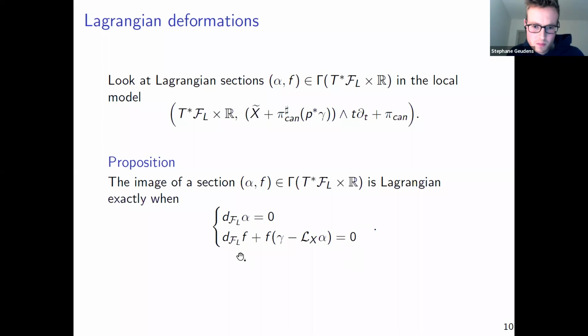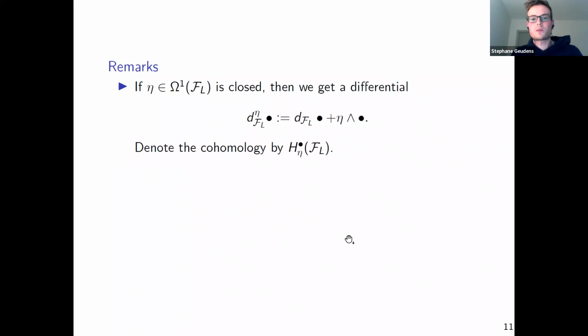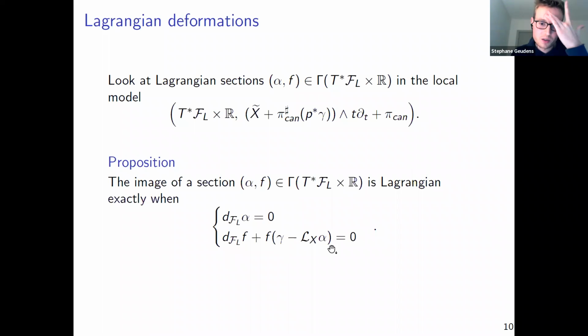Another observation is, if you only want to look at deformations that stay inside the singular locus, then you set f equal to 0, and then you're just dealing with the closed foliated one forms. So it's very analogous to the symplectic case. So let's look a bit more closely at the second equation here. So we know that gamma is closed, and because of the first equation, also alpha is closed.